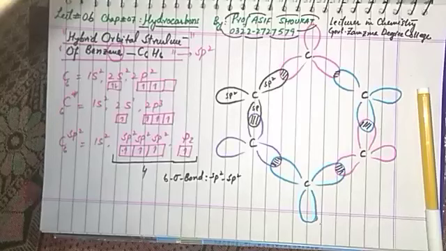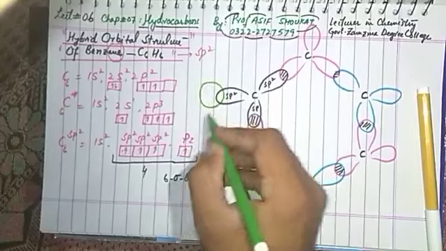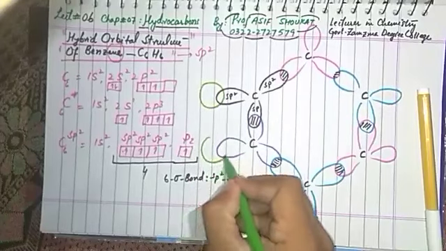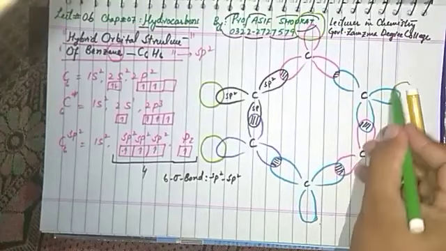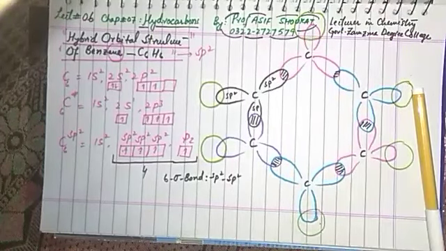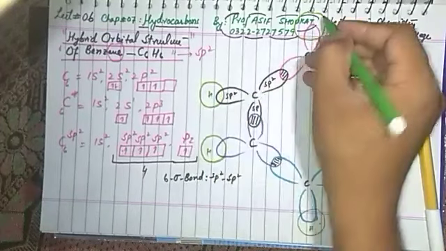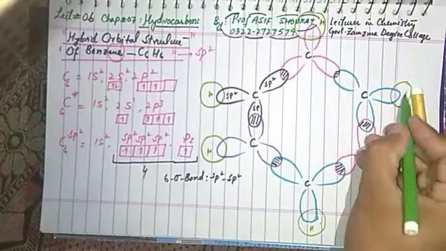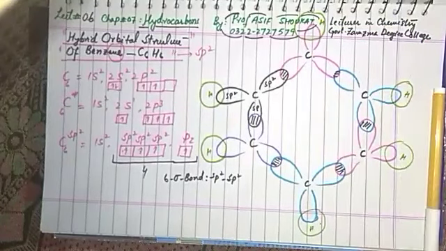Also, each sp2 hybrid orbital can make a bond with hydrogen, hydrogen, hydrogen, hydrogen, hydrogen, hydrogen. Students, if I forget to label any of them, please identify and label it yourself.